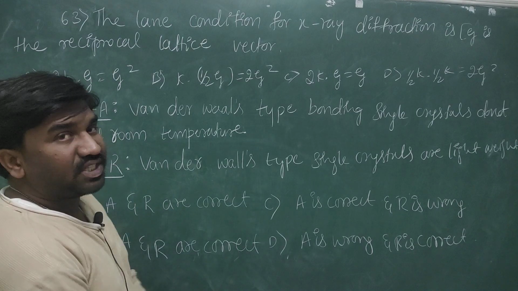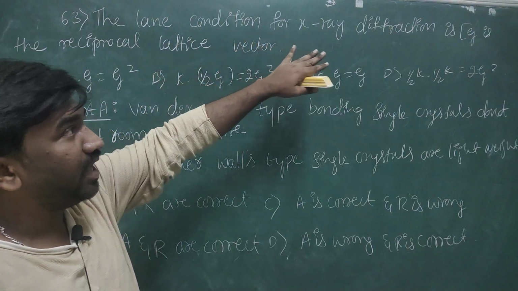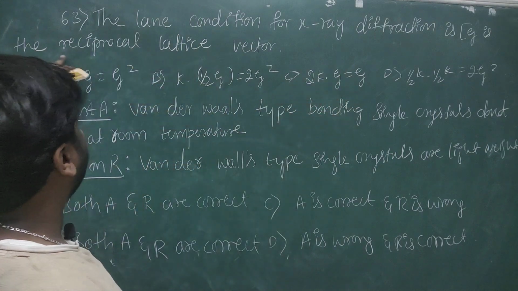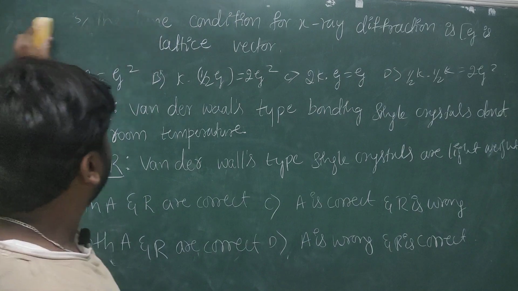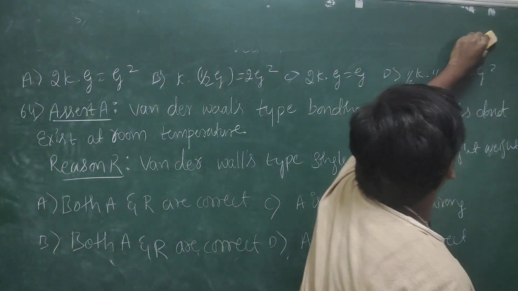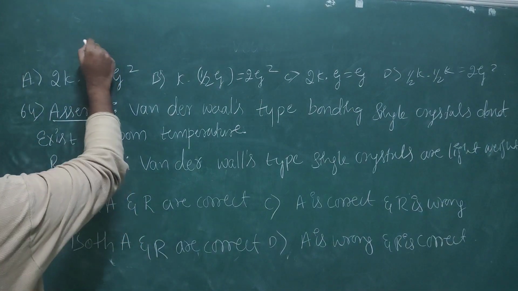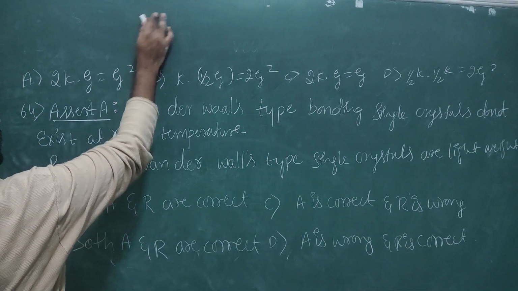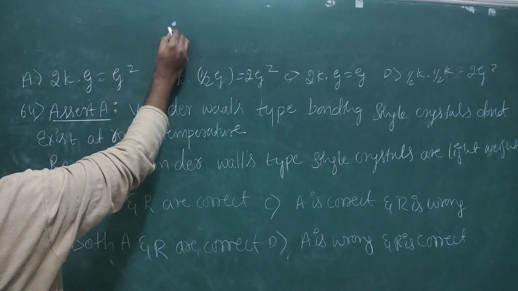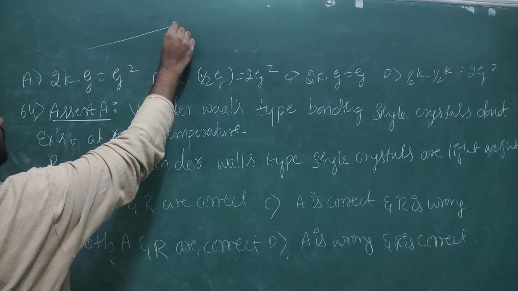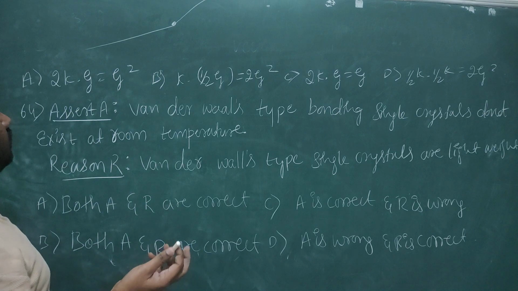So, this is question number 63. The Laue condition for X-ray diffraction, where G is the reciprocal lattice vector. We know that, suppose this is a lattice point, and a ray is incident on this lattice point, and some of the rays get scattered.